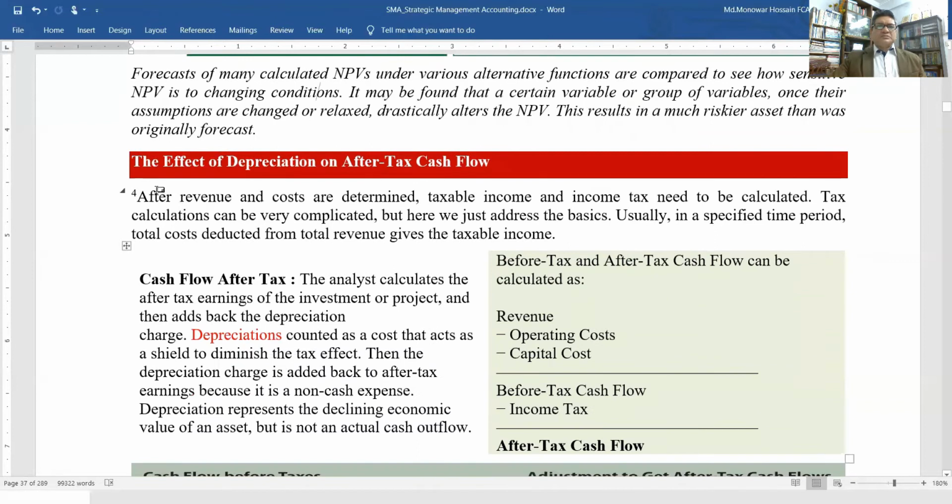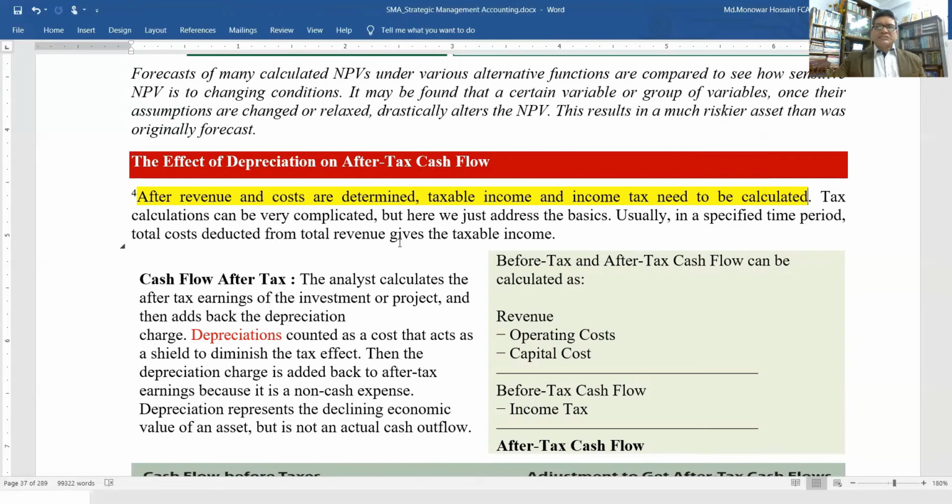Now, the effect of depreciation on after-tax cash flow. Look, after revenue and cost are determined, taxable income and income tax need to be calculated. Tax calculation can be very complicated, but here we just address the basics.